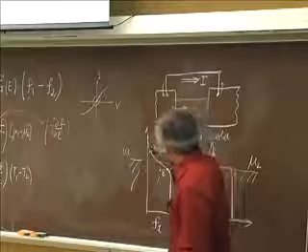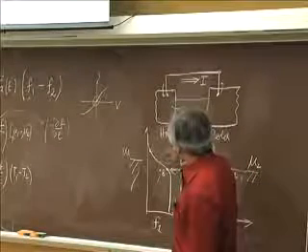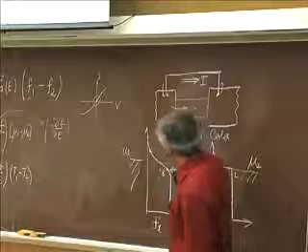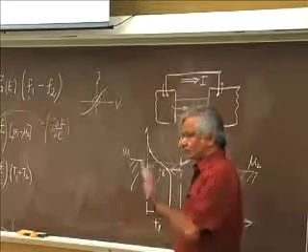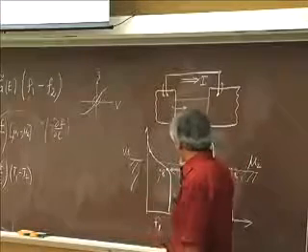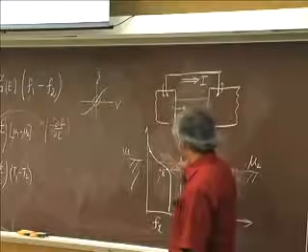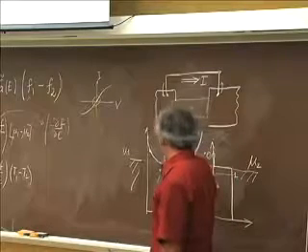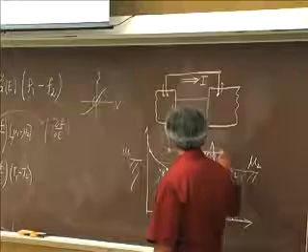So the argument goes something like this: for the Peltier effect, let's say we don't have hot and cold, it's all the same temperature, but there's a voltage difference. So let's say you're sending electrons in here.